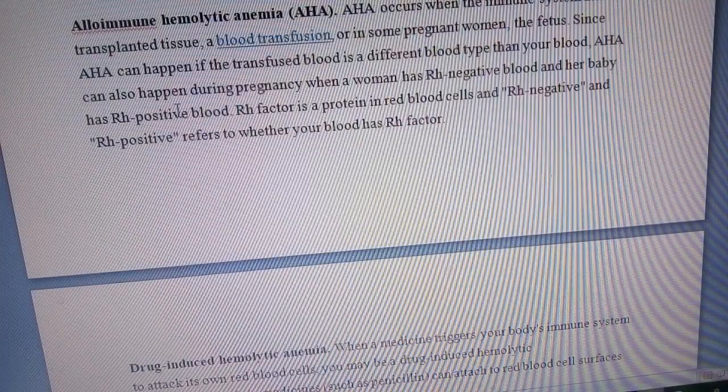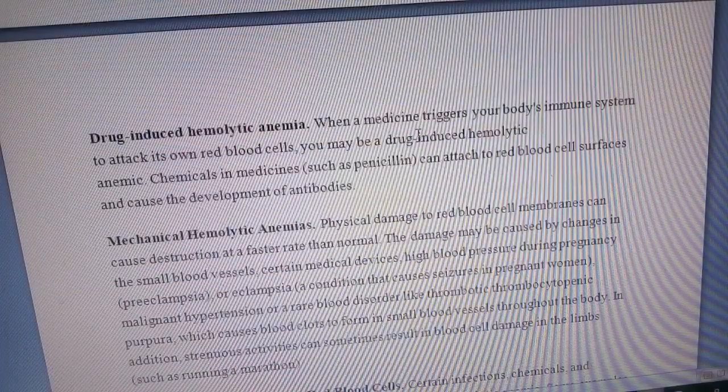AHA can also happen during pregnancy when a woman has Rh negative blood and her baby has Rh positive blood. Rh factor is a protein on red blood cells, and Rh negative and Rh positive refer to whether your blood has Rh factor.